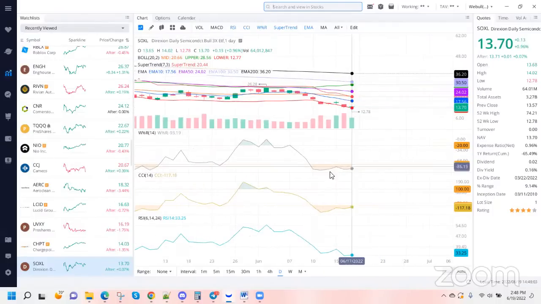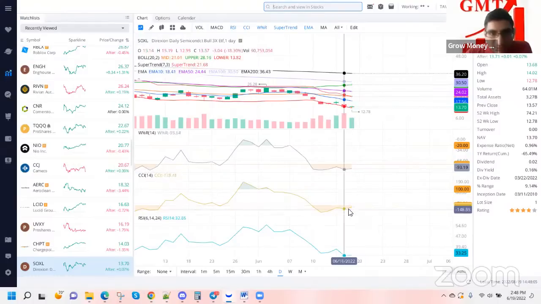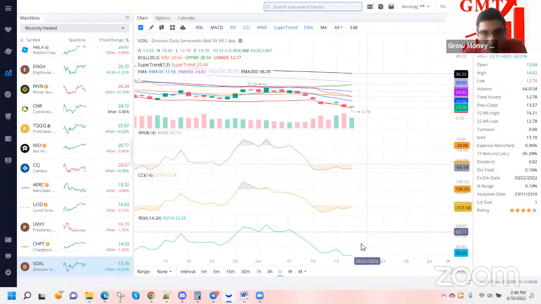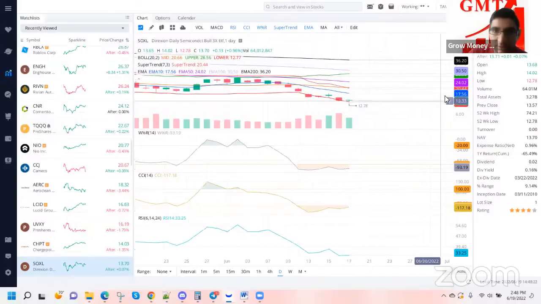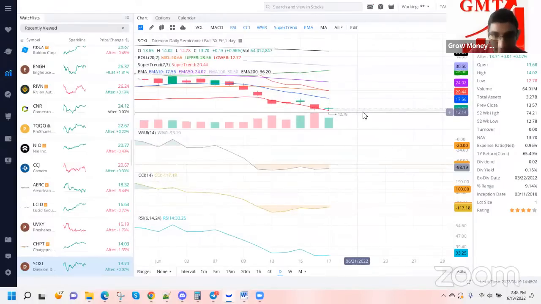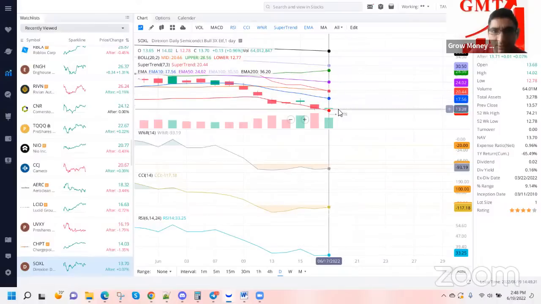SOXL, it's in oversold region. CCI, Williams R has reversed, RSI has flattened. So on Tuesday, if market is bullish, NDX is bullish, then SOXL, looking at the candlestick formed as well, you could expect it to go further up or reverse up. There's a small gap down here, which you can expect it to get filled, and then this gap down.